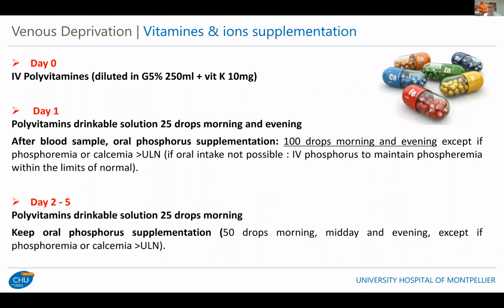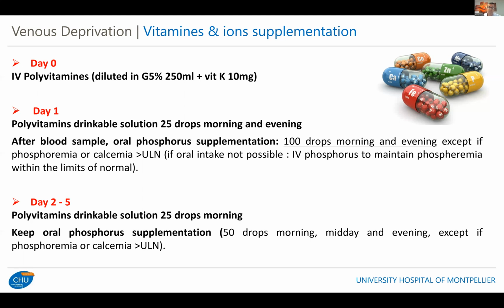The reason why we decided to give all the patients high doses of vitamins and ions, and especially phosphorus. And with this kind of supplementation, we did not meet this complication anymore. That's something important, and we think that giving vitamins and ions is really helpful to help the liver to regenerate.